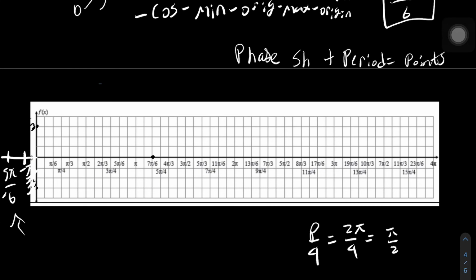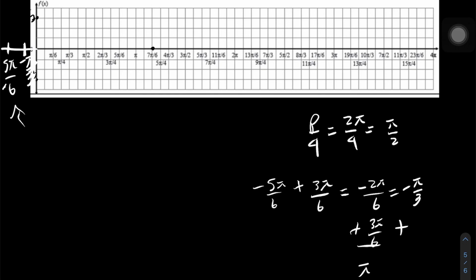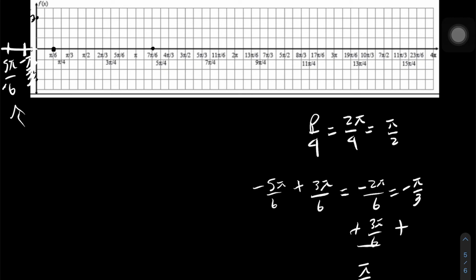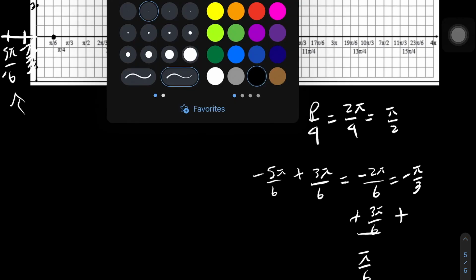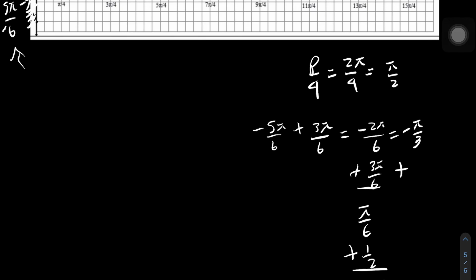And again, we are not really graphing those points since they're not on our graph. We're going to add another 1/2, which is going to be another 3 pi over 6, leaving us with pi over 6, which is going to be the first point we have on our actual graph, our x value. So then we're going to add another 1/2, which gives us 2 pi over 3.